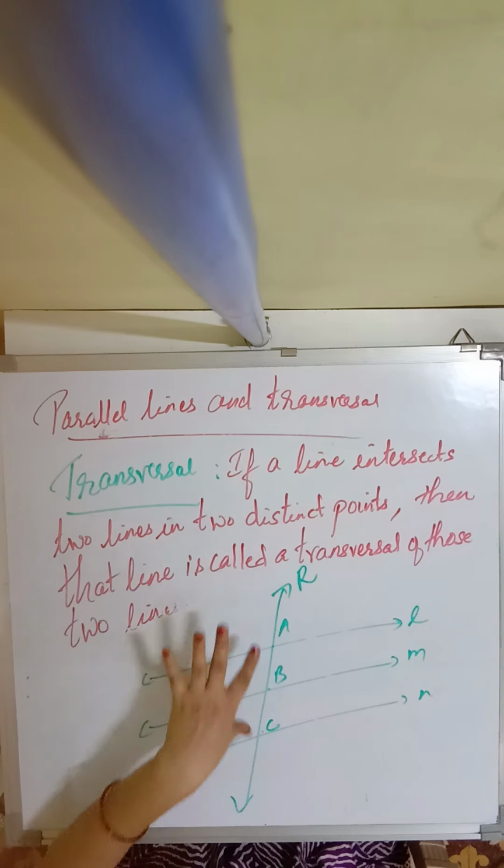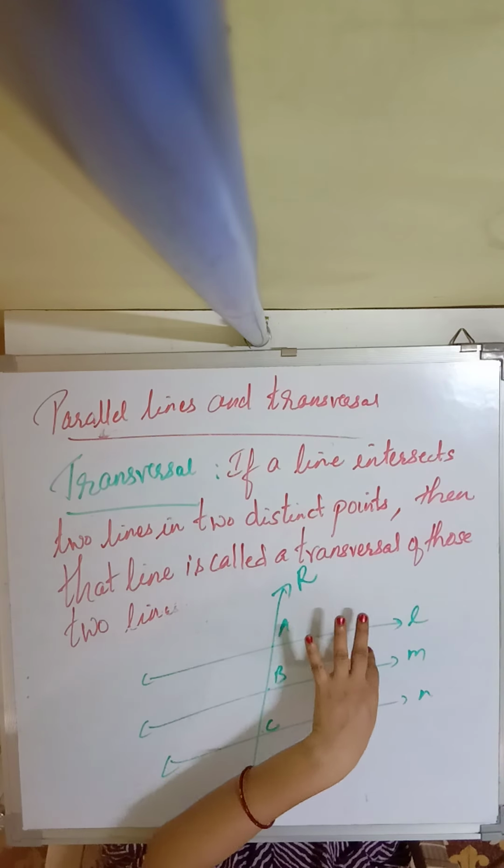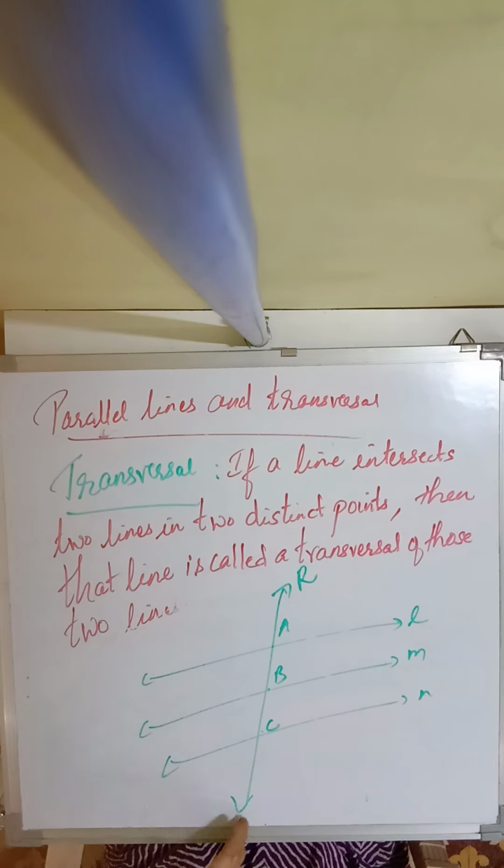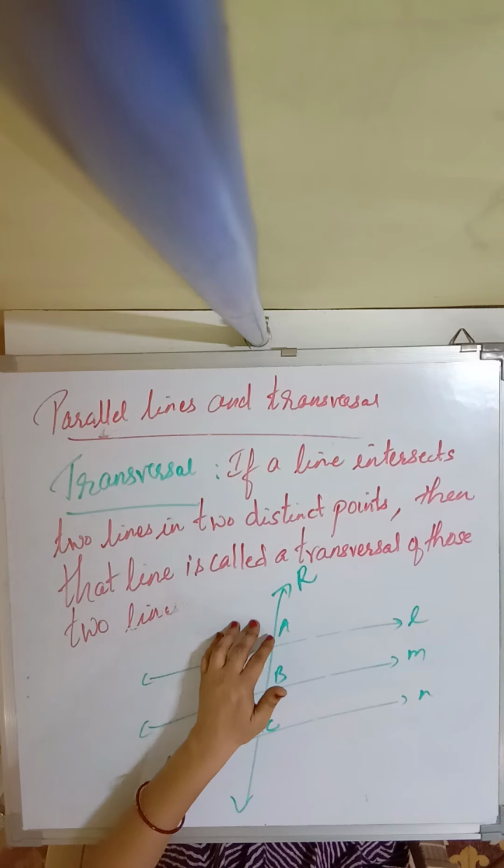Okay, R is a transversal for the lines L, M and N. That means this transversal can intersect three lines also, but the condition is it should intersect at three different points.